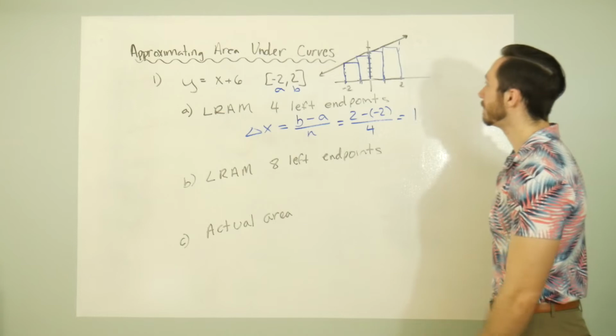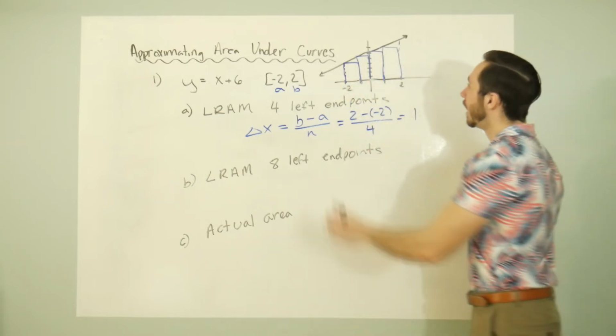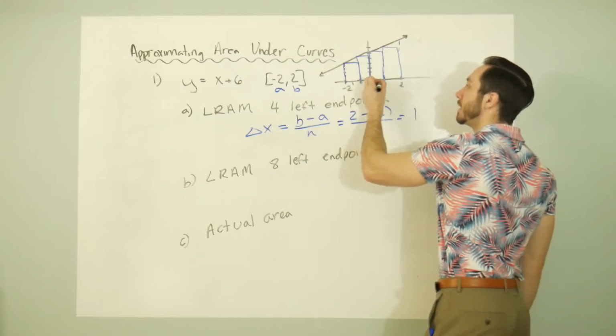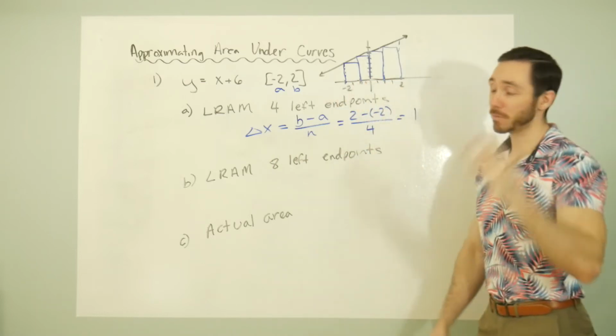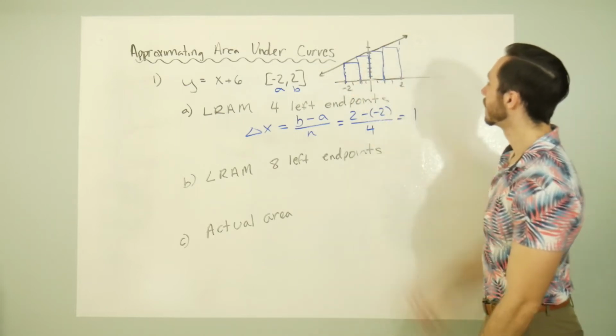LRAM, 4 left endpoints. Let's do this. So let's find the area of each individual rectangle. Here, we notice that the delta x is 1, so the width of each of these rectangles is just 1. That's not too bad. Let's find out these heights.